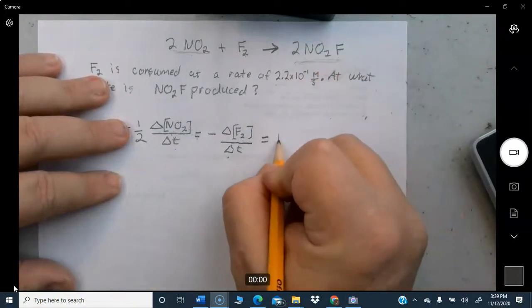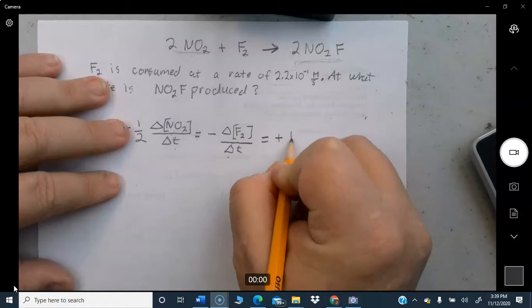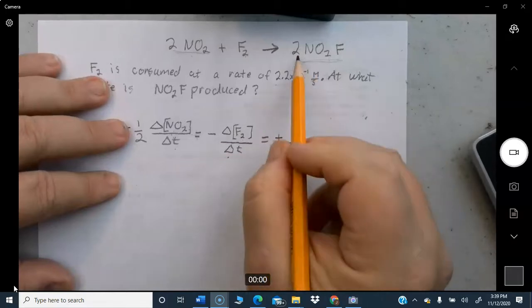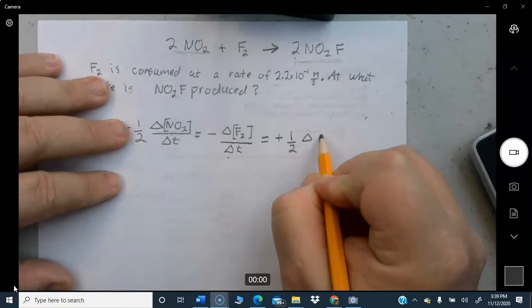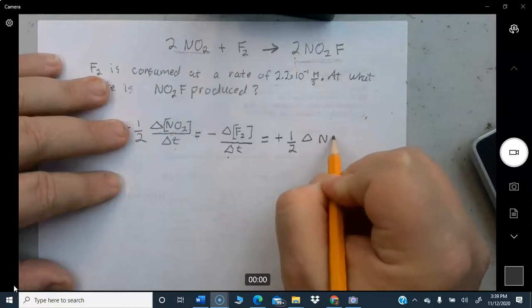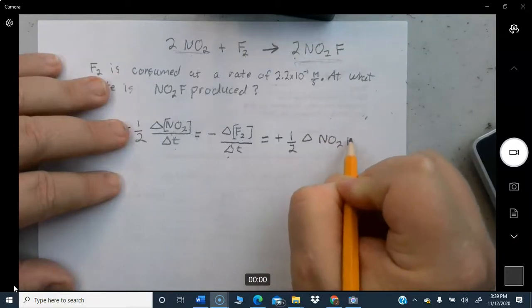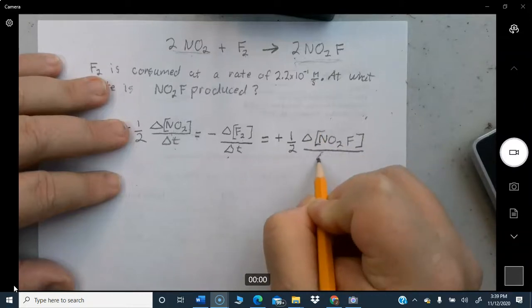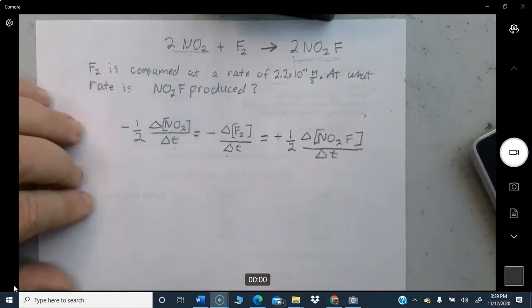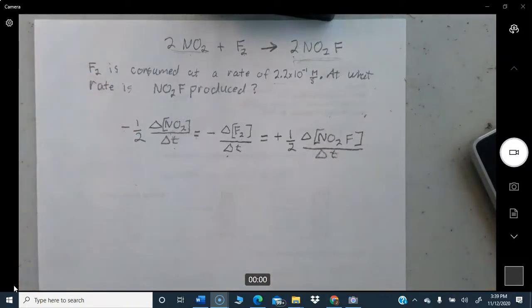So I'll just put a little plus to symbolize that. It's 1 over 2, 1 over its coefficient. And there's no implied negative sign here because it is increasing. Okay, so there's the rate expression for that equation.